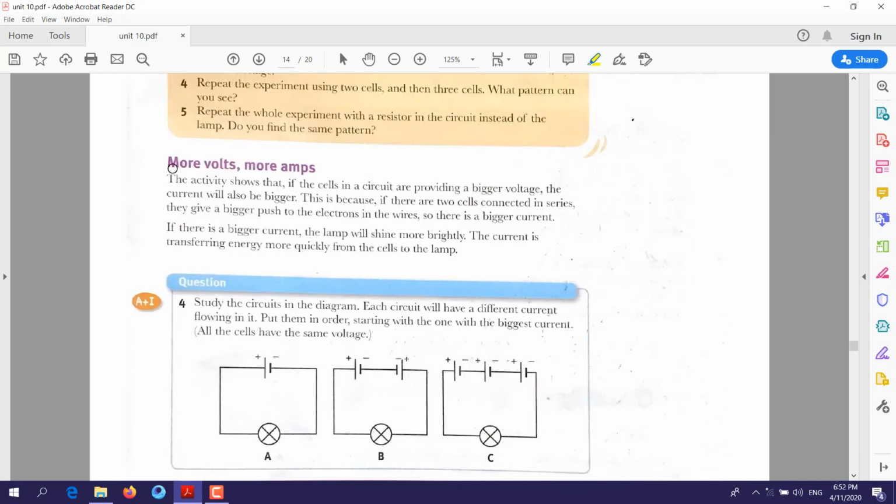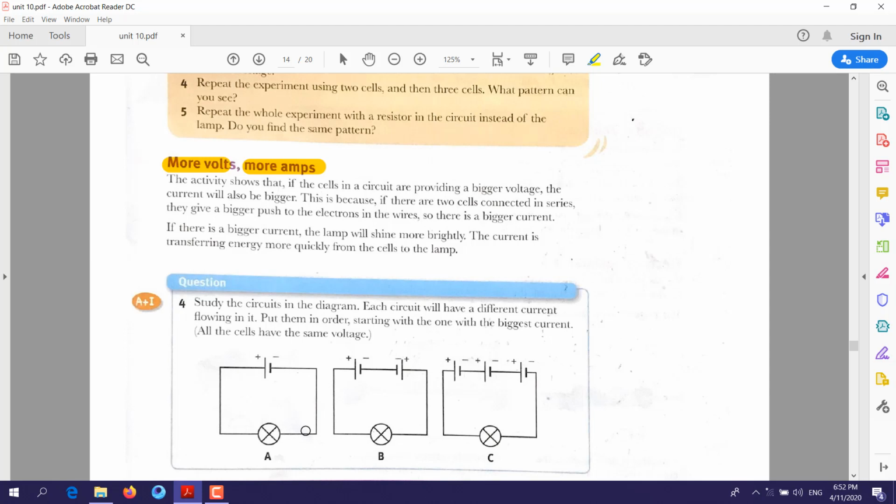Now, more volts, more amperes. What does that mean? If you have an electric circuit and the electric current is flowing in it, for example, let's say 10 charges are passing through this electric circuit in 1 second.